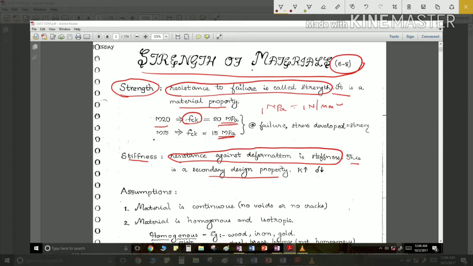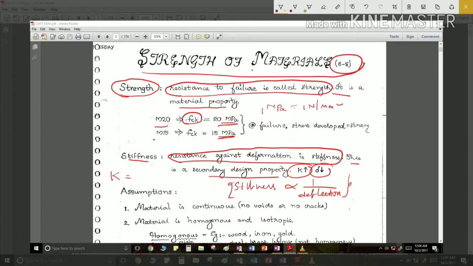If stiffness is denoted by K and stiffness is more, the deflection will be less, and if stiffness is less, deflection will be more. That is, stiffness is inversely proportional to deflection.